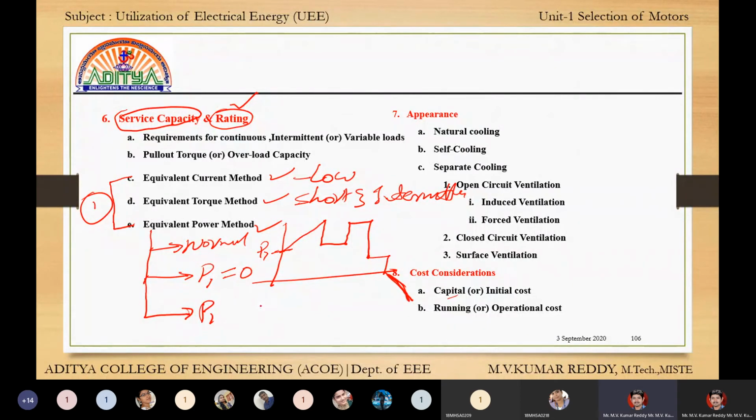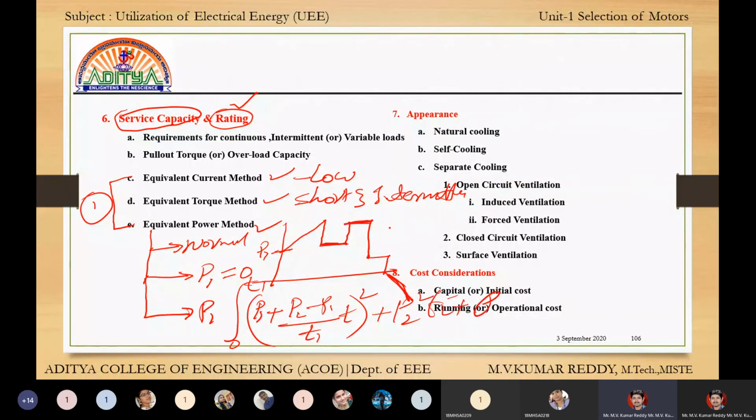Now the formula is P1 plus (P2 minus P1) by T1 into T, whole square, integral from 0 to T1, plus next one is normal, P2 squared T2.